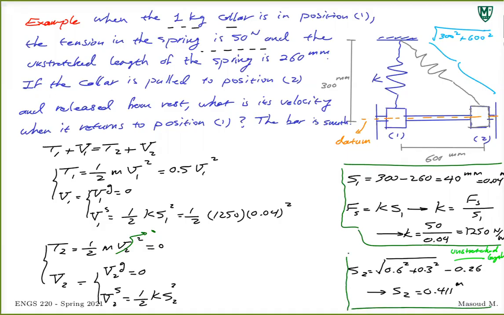Let's also keep it there. Once you know S2, well, 1 over 2 K is constant. 1 over 2 K is 1250 times 0.411 squared. So pretty much you have everything you need. If you put things together, T1 plus V1 is equal to T2 plus V2.